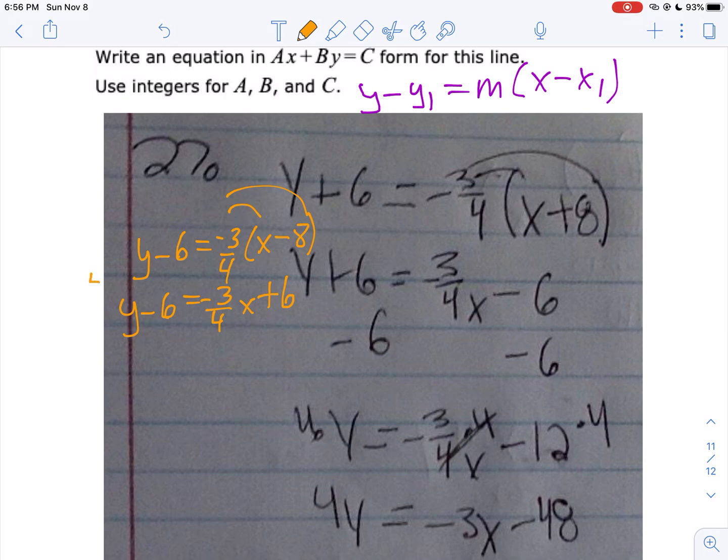Now we're going to multiply by 4 like you did for everything, so you're getting this down. So we get 4y minus 24 equals negative 3x plus 24. Well, let's add 3x to both sides like you did.